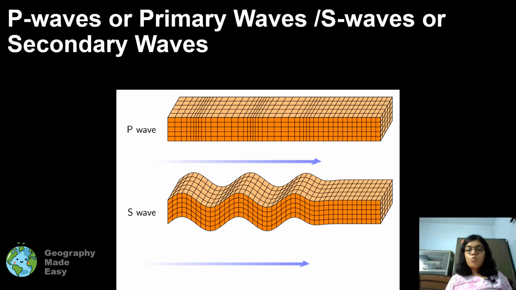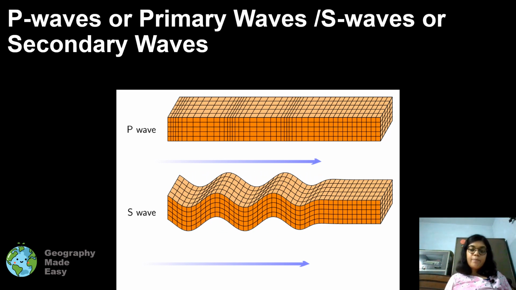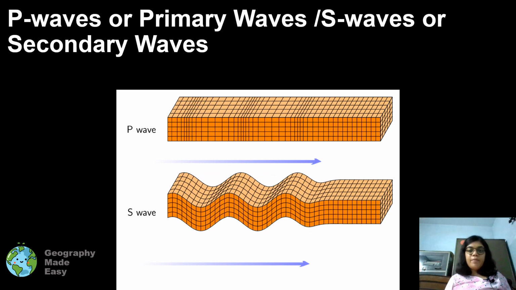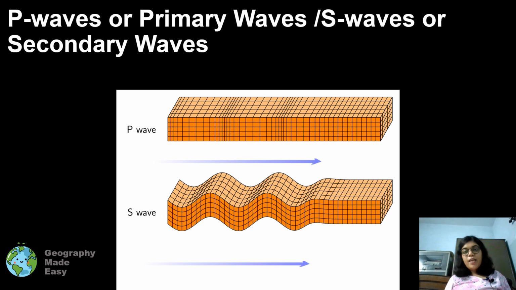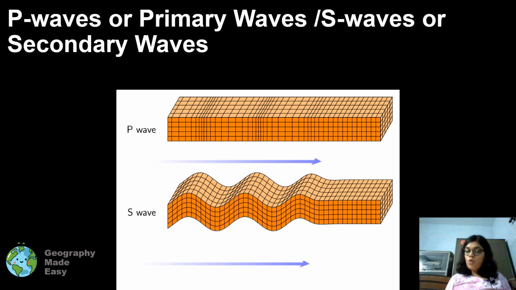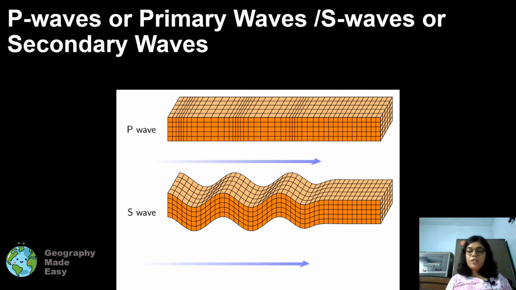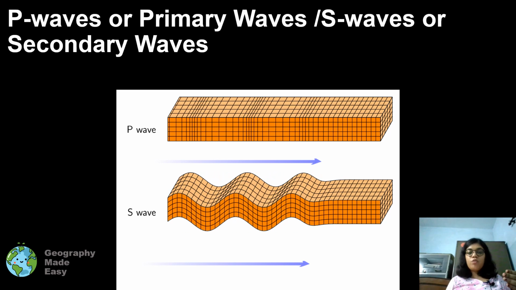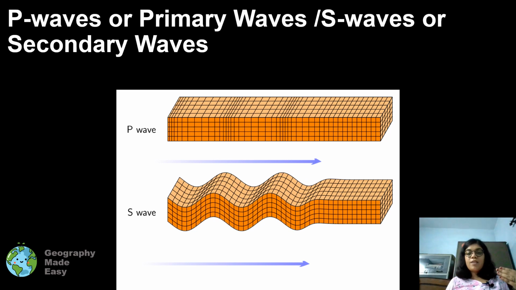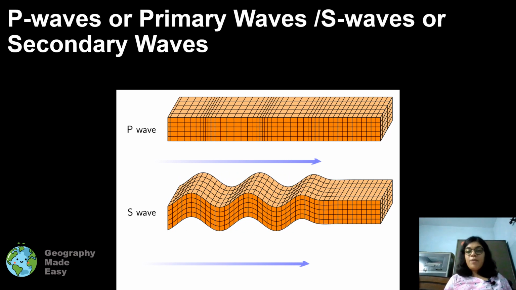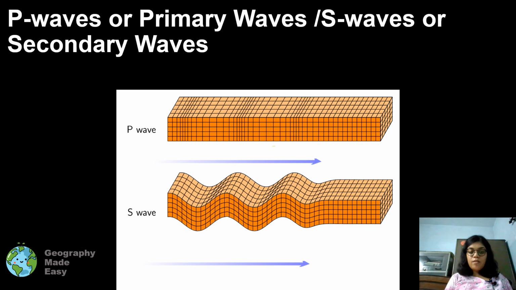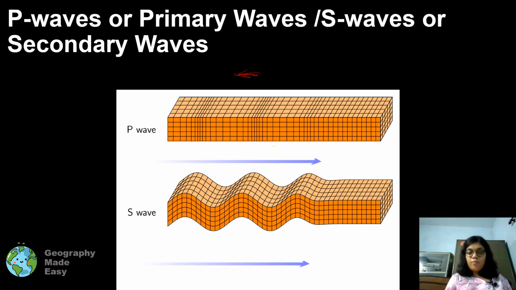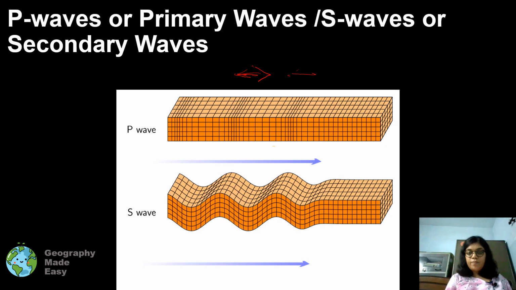The two major types of body waves are the primary waves or P waves and the secondary waves or S waves. And I've put a video to show how the movement of particles along the P waves and the S waves takes place. In the case of P waves, the particle movement is in this manner.